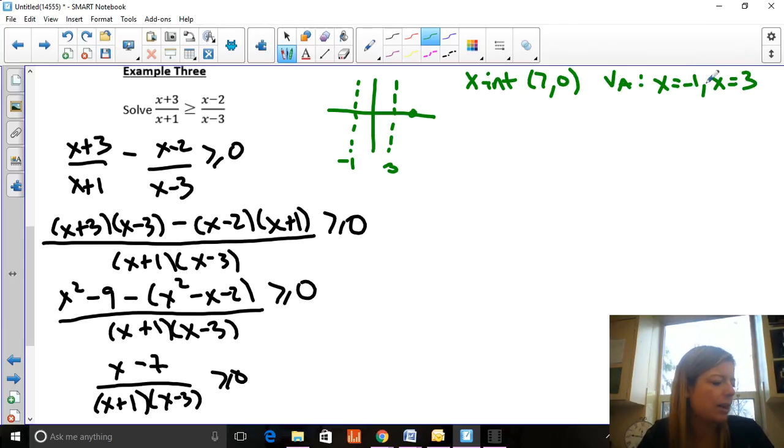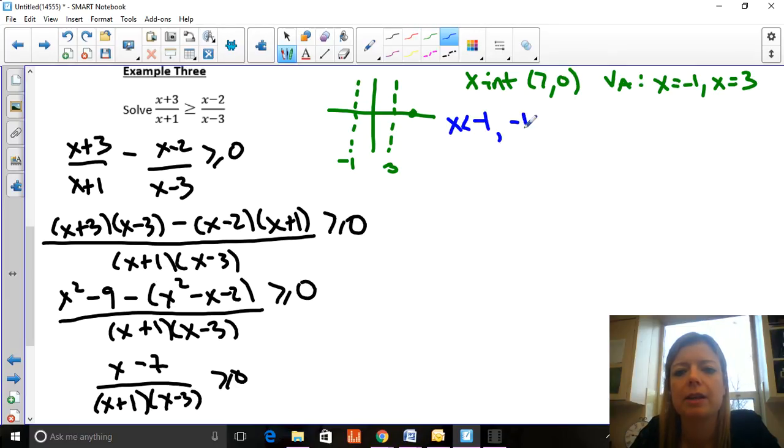All right, so I am testing section 1, section 2, section 3, section 4. So x is less than -1, and then between -1 and 3, between 3 and 7, and greater than 7.